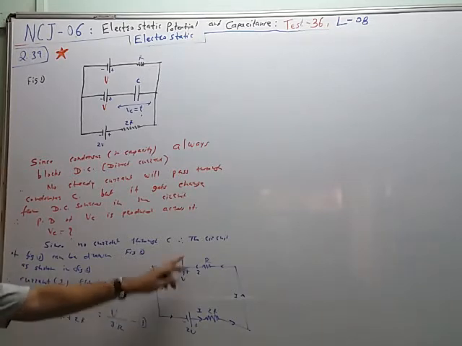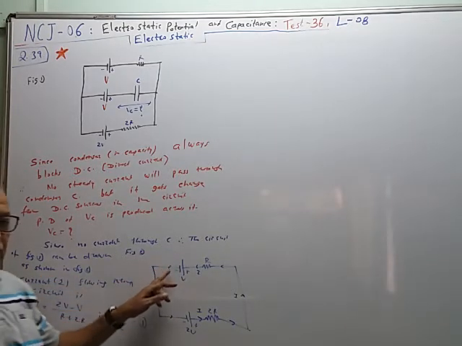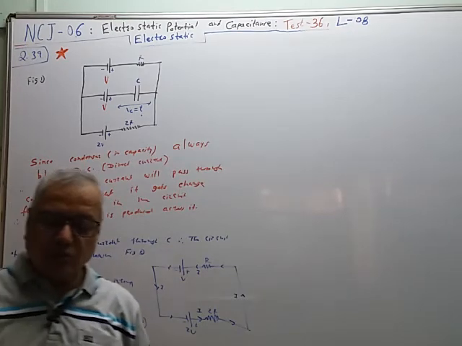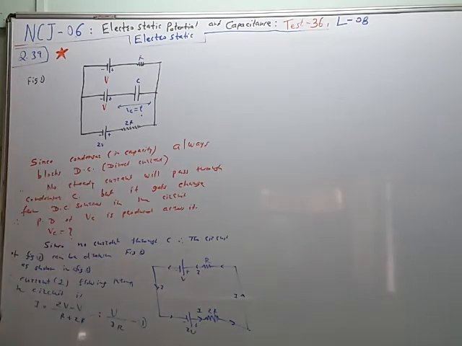Why is there a minus here? Because of the polarity: negative is connected to it, positive connected with that. So these two cells are in opposition.